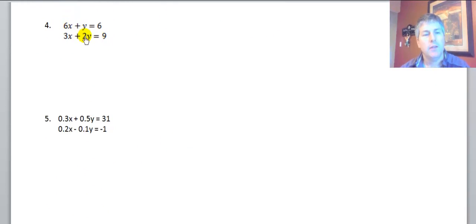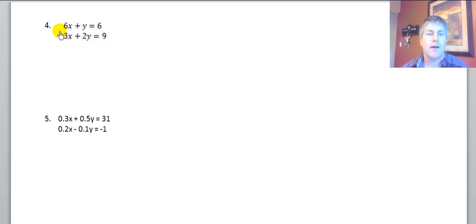Number 4, a little more challenging. We don't have equal coefficients. We don't have opposites anywhere. We want to eliminate one of the variables. We could multiply the top one by negative 2. That would work for us. We could multiply the bottom one also by negative 2.